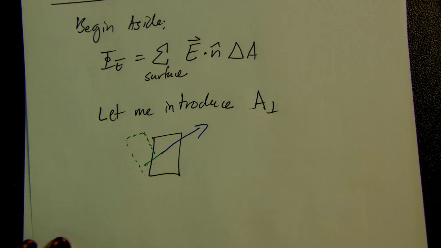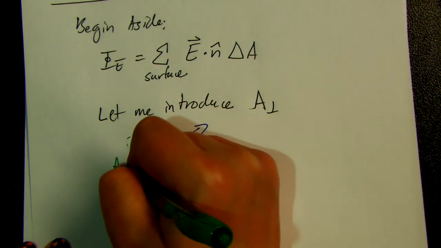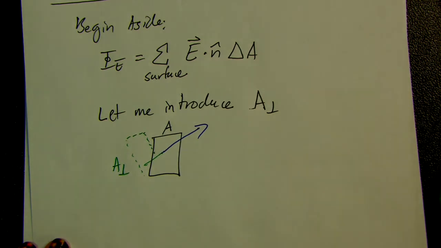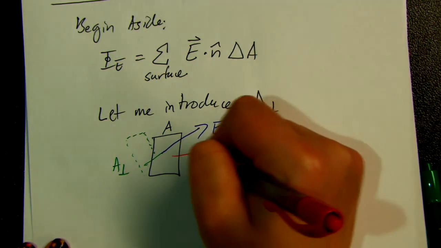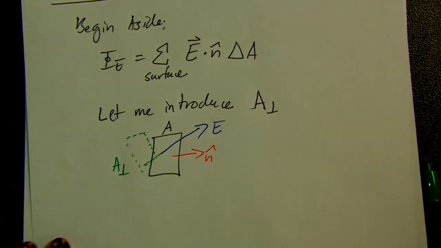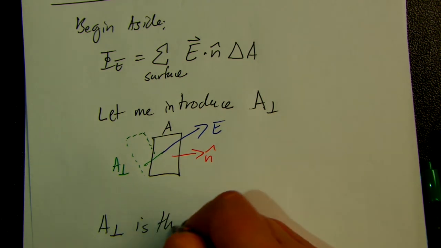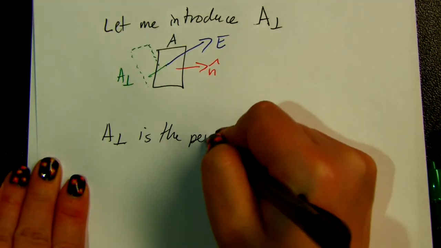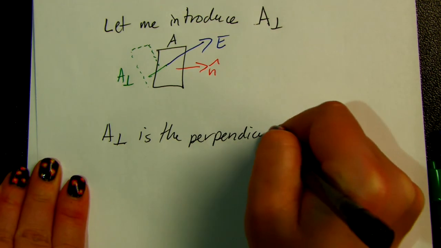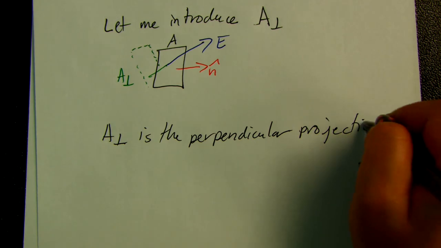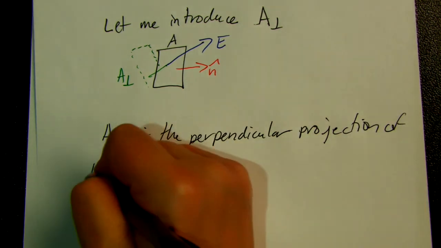You've got your surface area A, you've got your field E, you have n hat right here, and A perpendicular is the perpendicular projection of the area.